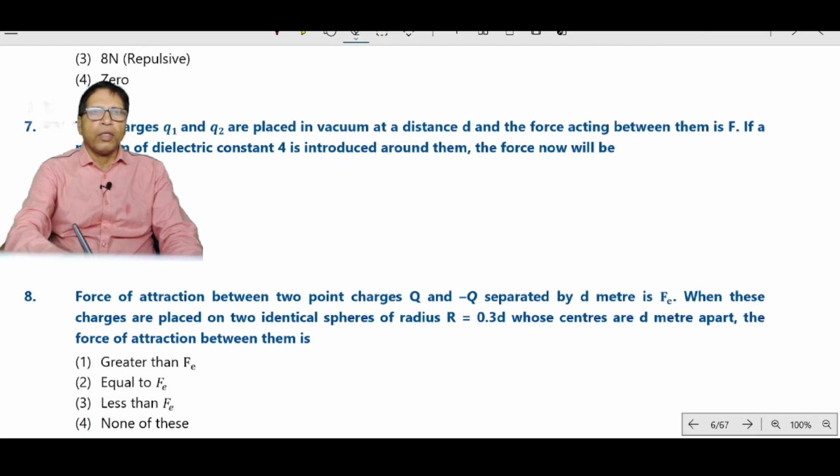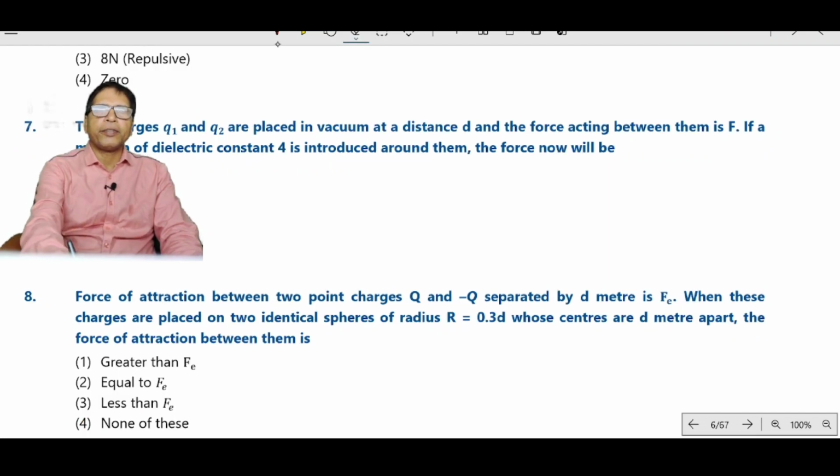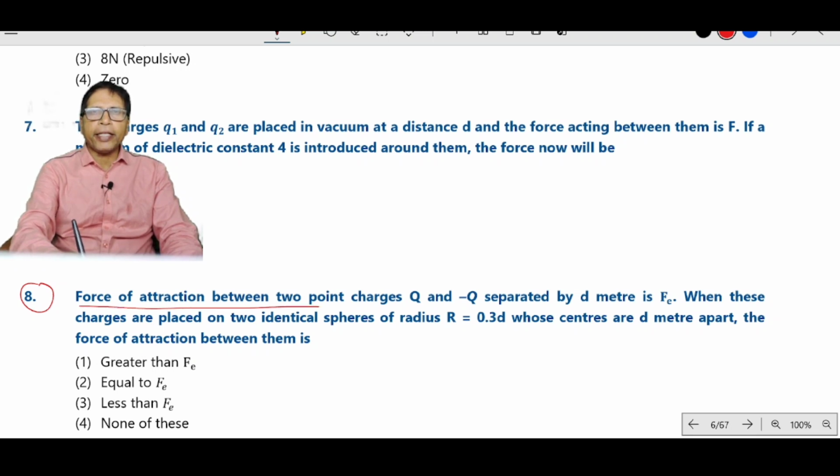Question number 8. The force of attraction between two point charges Q and minus Q, separated by a distance d, is Fe.